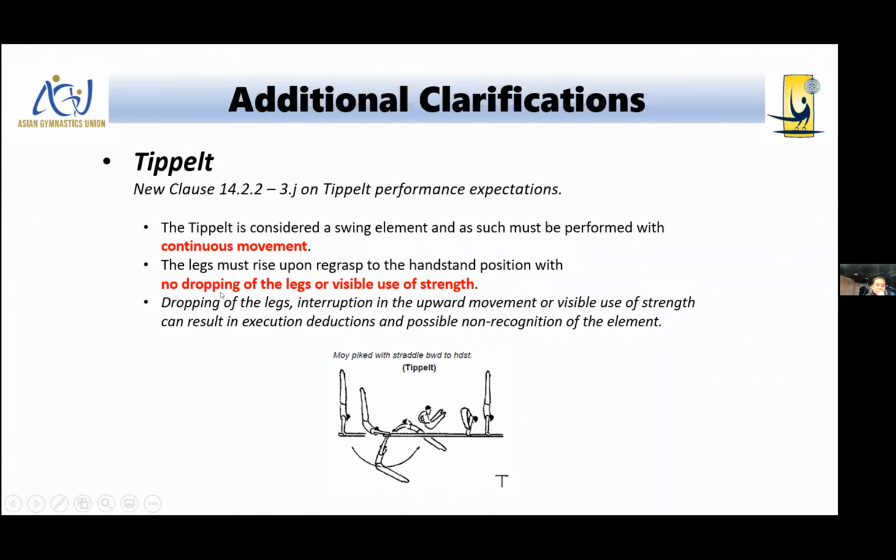So there should not be any dropping of the legs or visible use of strength. And if there is any dropping of legs or interruption in upward movement or visible use of strength, then it will result in execution deduction and possible non-recognition of the element. So I would like to clarify, there is no change, it's only a clarification as such.